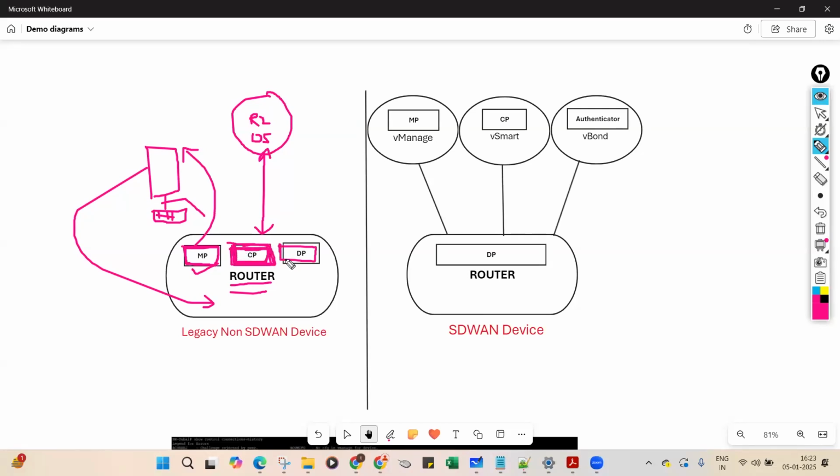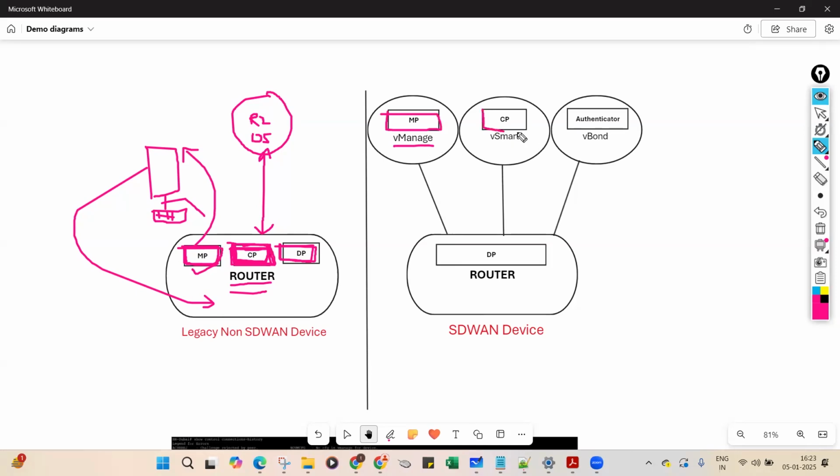And apart from that, data plane, wherein the packets are routed from the source to destination, is handled by the data packets. So earlier on, all these three planes used to reside on each and every device. With SD-WAN, management plane has been removed from the device and it has been put onto vManage.